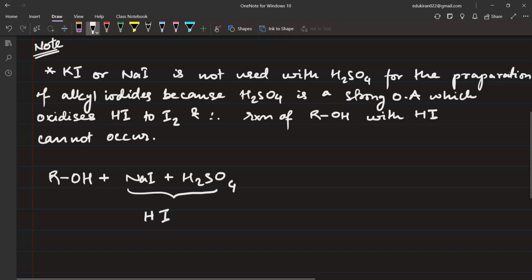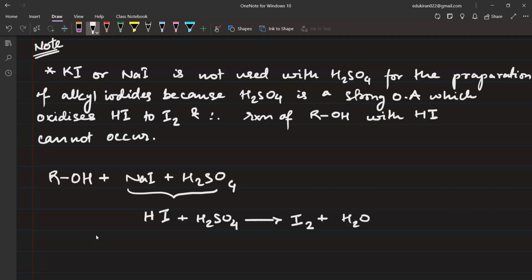Obviously, not all H2SO4 will be reacted, so there will be some H2SO4 still remaining in the solution. This HI reacts again with H2SO4 and forms I2, iodine, plus H2O and SO2. Now, since there is no HI, alcohol cannot react with HI.